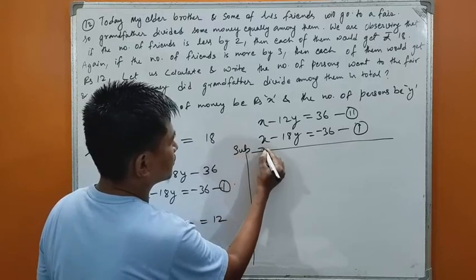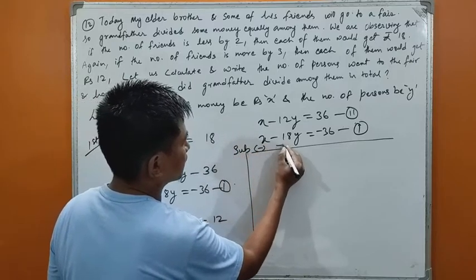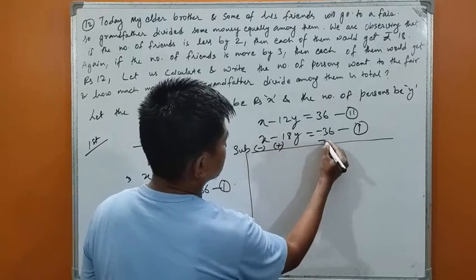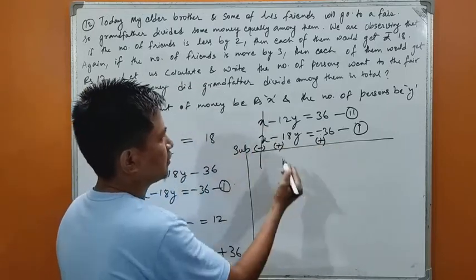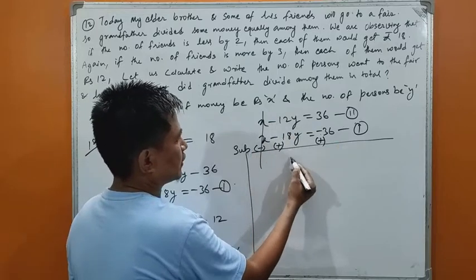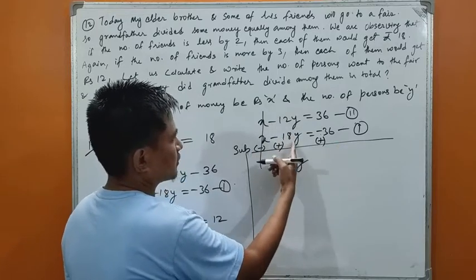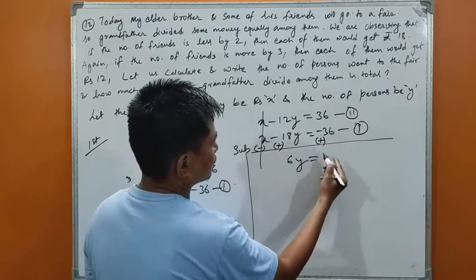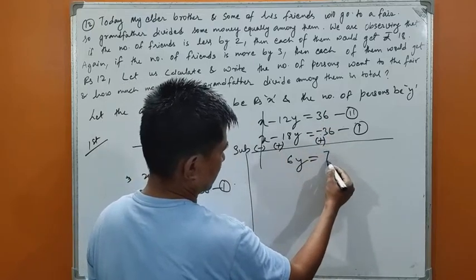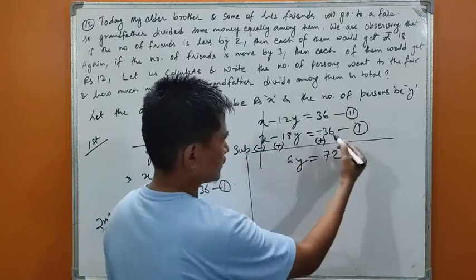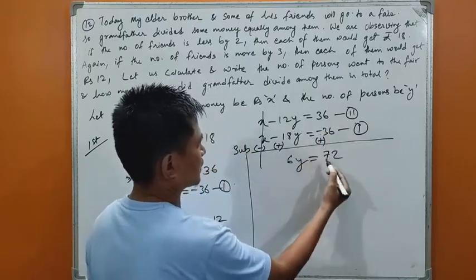So plus X becomes minus X, and minus 12Y becomes plus 12Y. Plus X and minus X get cancelled. Minus 18Y plus 12Y is minus 6Y. Minus 36 minus 36 is minus 72, isn't it?